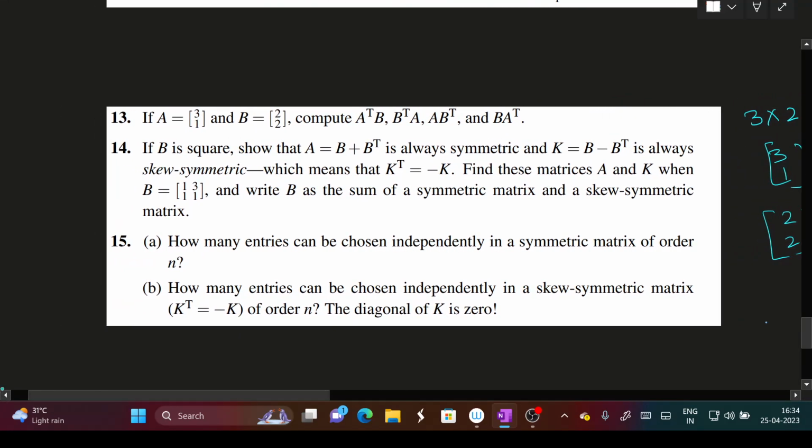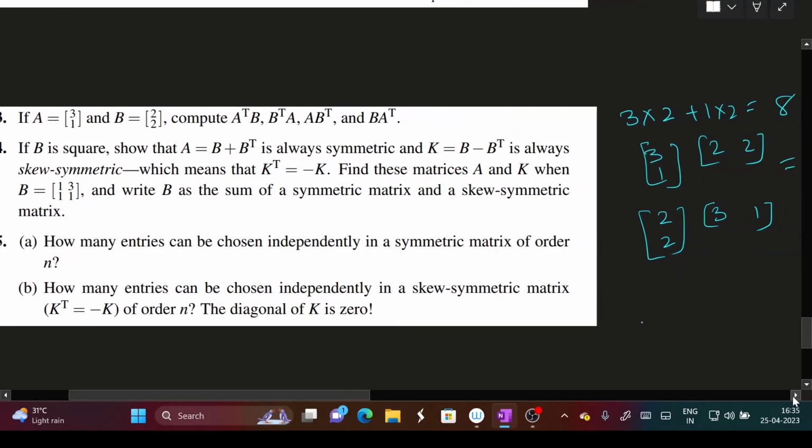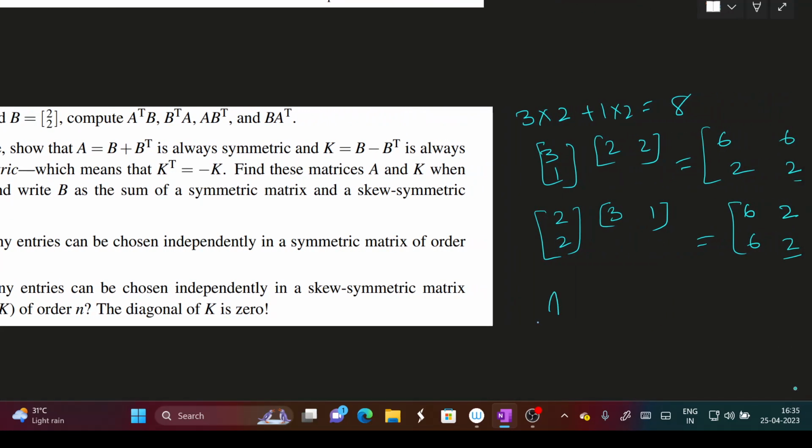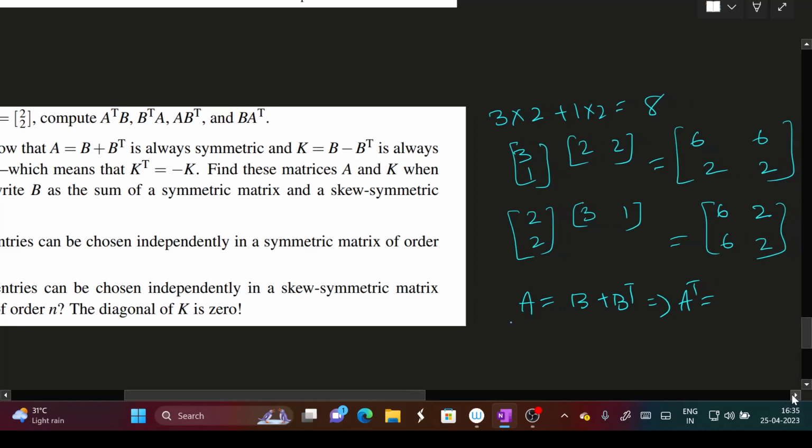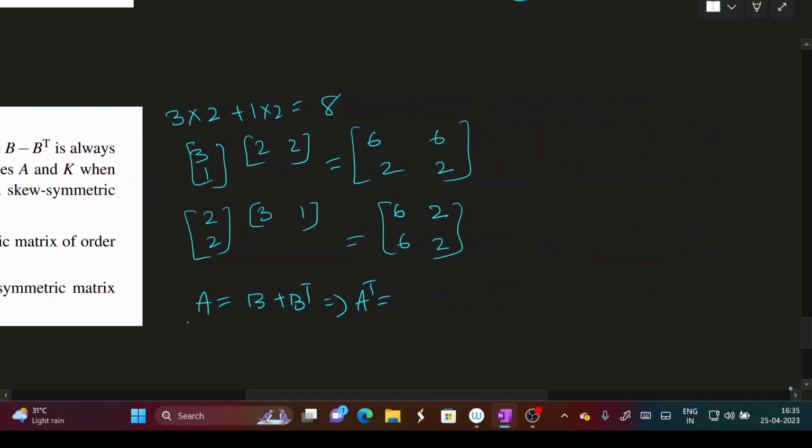Next is, show that A equal to B plus B transpose is always symmetric. We know the transpose property, we will go for that. A is equal to B plus B transpose. That implies A transpose is equal to (B plus B transpose) whole transpose.